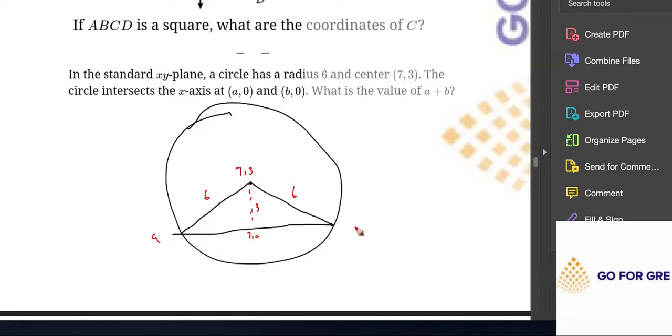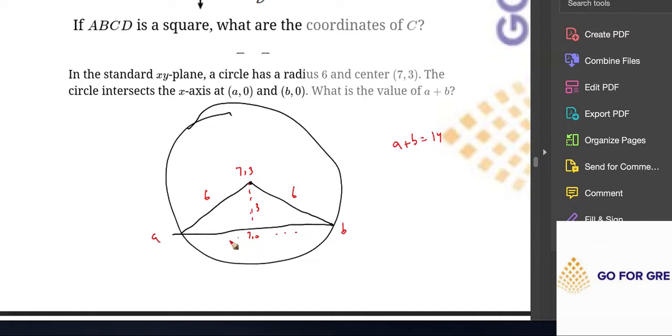This is A. This is B. Now I can do this in many ways. The question is asking me what is the value of A plus B. So I can sense A plus B must be 14.